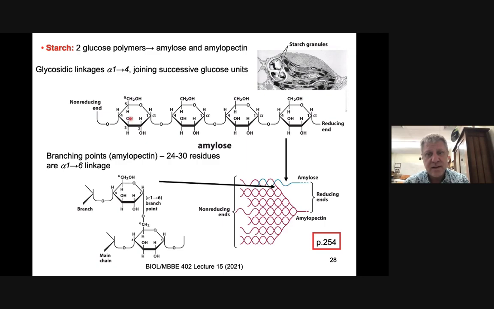And interestingly, we have a non-reducing end, so an end which is going to be in the number 4 position, then basically a 1,4 again, 1,4 again, etc. So we see along here. But there will be an end point somewhere in the structure where there will be an anomeric carbon available for reduction, and this will be the reducing end. So it's a bit like what we see with amino acids in the N and C terminal. So we just call them non-reducing end and reducing end.